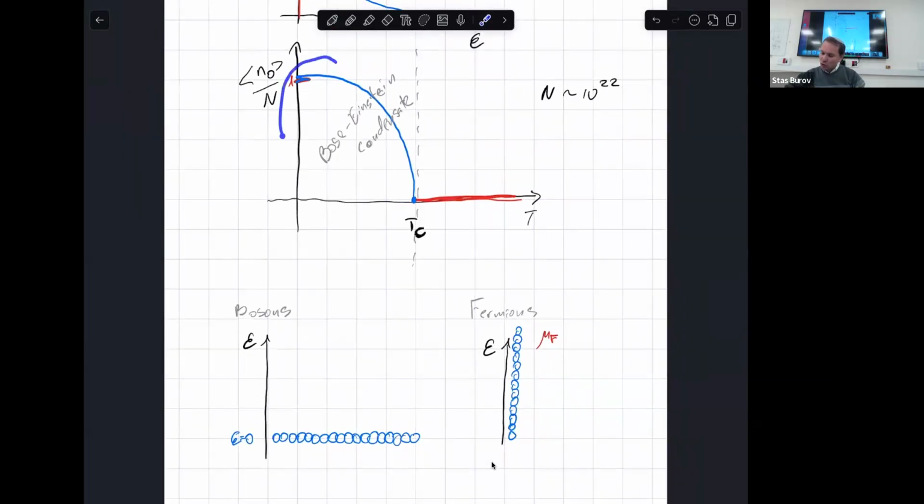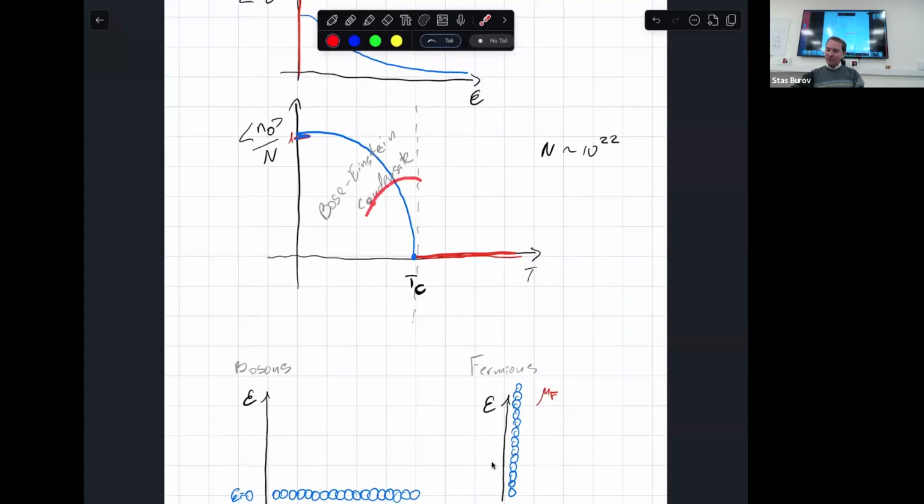Now, how does this look? We have a prediction. I said it should go something like that, but why not a straight line, or maybe something like this? Why does it have to behave in this fashion? For this, we can actually predict something. Moreover, what do people see in experiments?